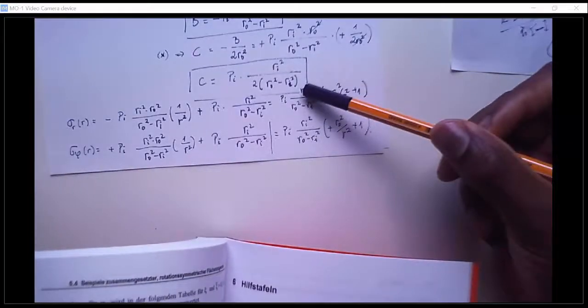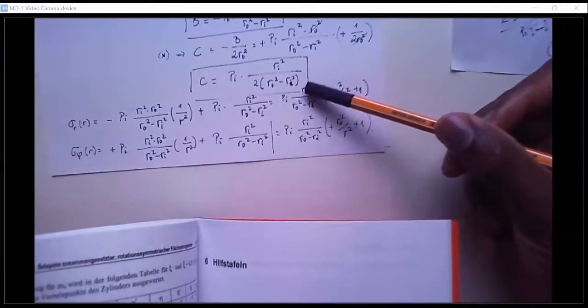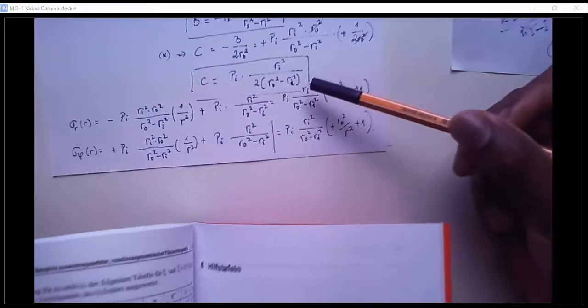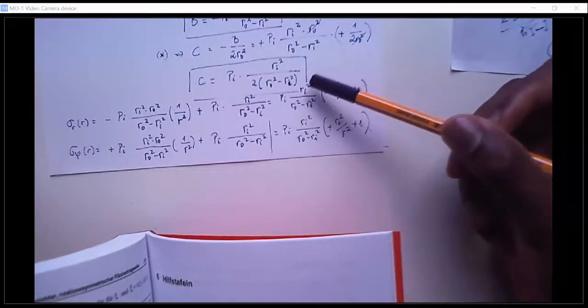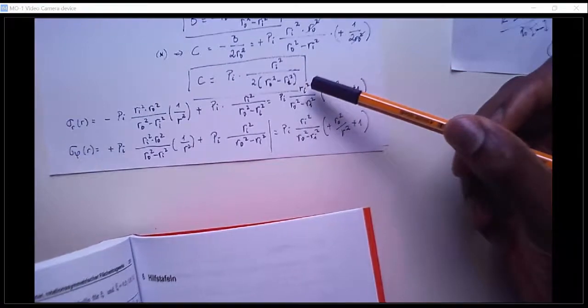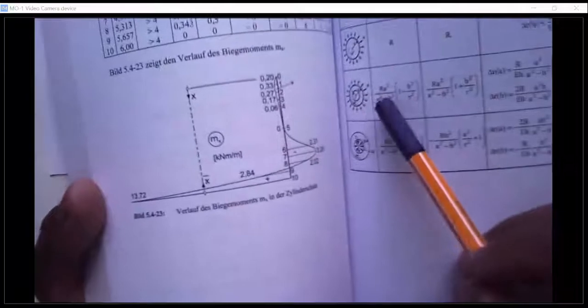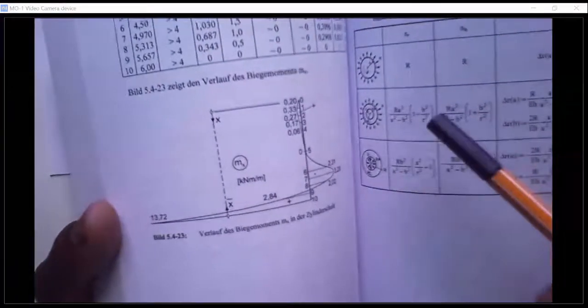Oh, what do we have here? Oh, we have a problem here, right? It should be A squared, and A is the outer radius. Okay.